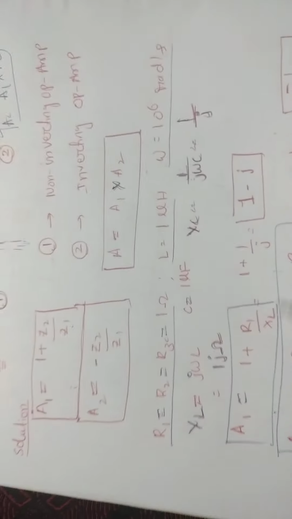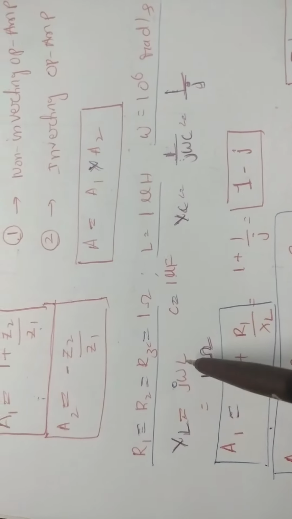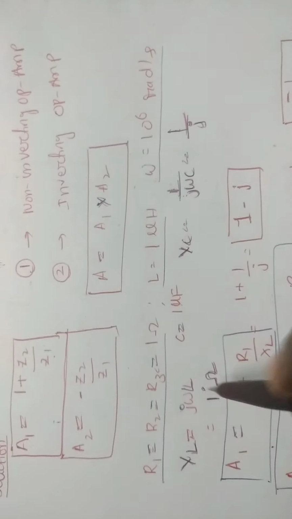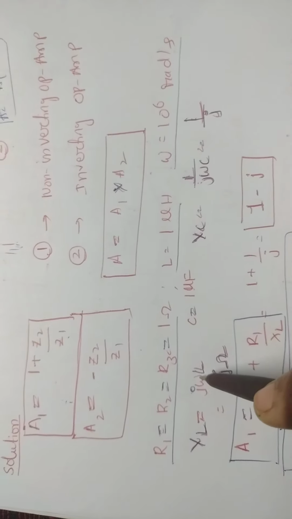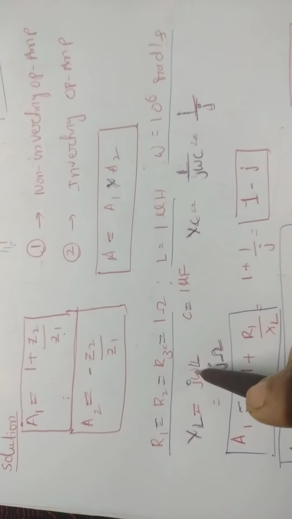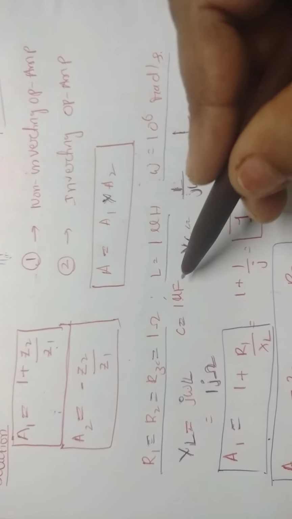The first circuit is a non-inverting amplifier and the second circuit is an inverting amplifier. So the overall gain is the product of the individual gains of these two circuits. Let's solve the problem using these formulas. XL is equal to j omega L. In the given problem, L is equal to 1 microhenry and omega is 10 power 6 radians per second, and C is equal to 1 microfarad.